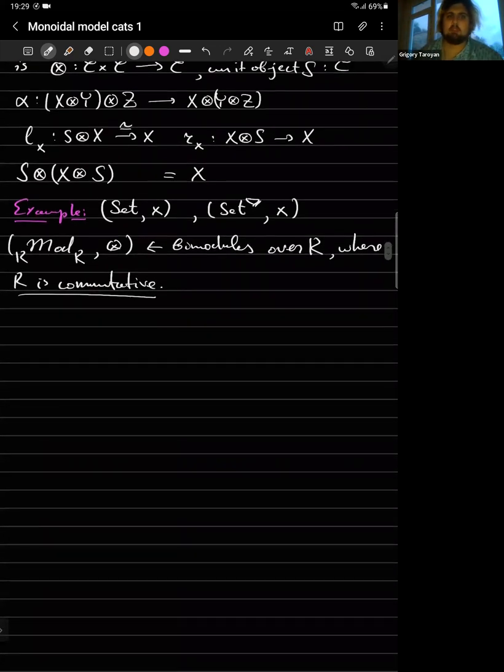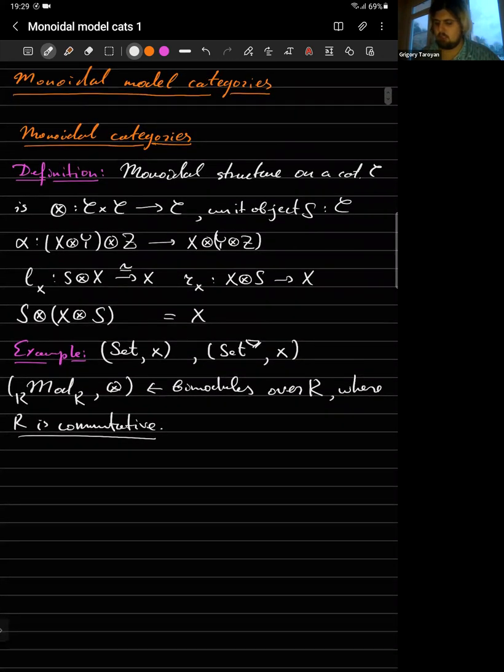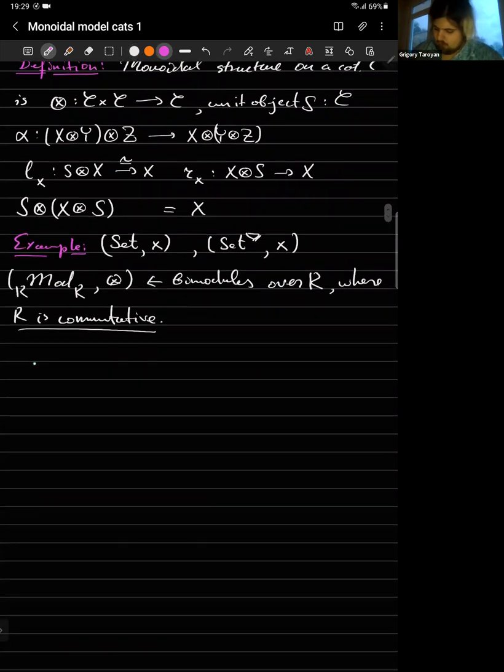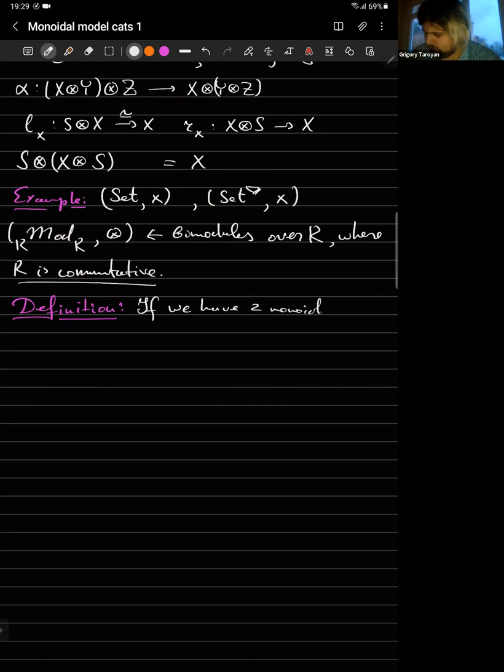Okay. So now, since we've defined what is monoidal category, we must define functors between such objects. So here comes the definition of monoidal functor. So we have two monoidal categories, C and D. And we say that a functor is monoidal if we have a triple.